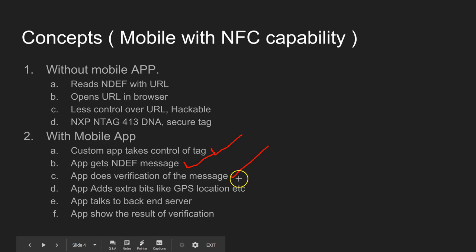Before you send this URL to the server, your custom application can add some extra bits like the GPS location or anything which is available on your mobile phone, and you send everything to the server, and the server does all the verification and validation, and your app will finally show the result on the screen.